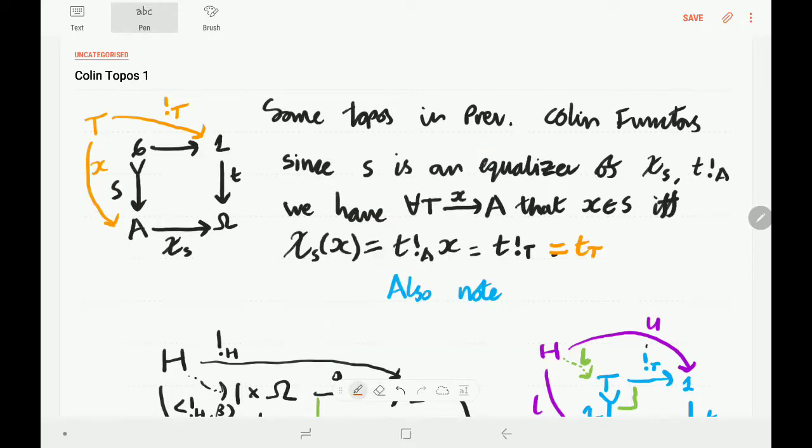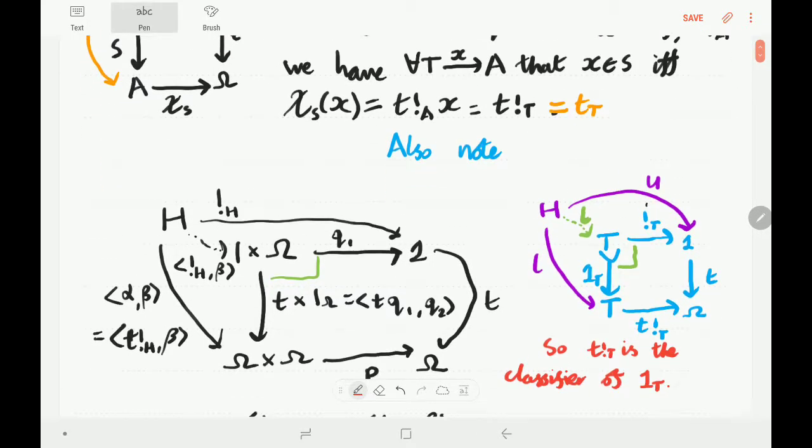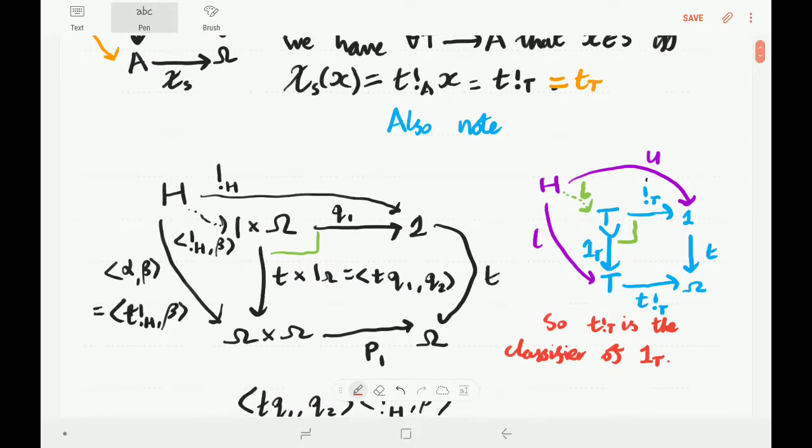Another important thing to note is that this monic, which is the identity, sometimes called the maximal subobject of T, that is, this identity arrow on T, its classifying arrow is T after exclamation mark T, as can be seen by noting that this is a pullback.